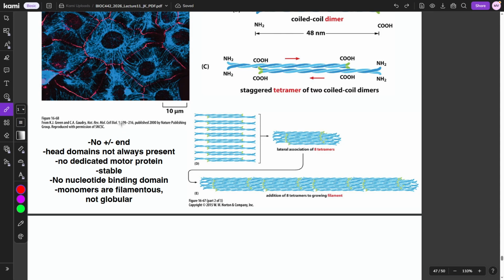The important things to remember about intermediate filaments is there's no plus or minus ends, there's not always a head domain, and there's no dedicated motor proteins.